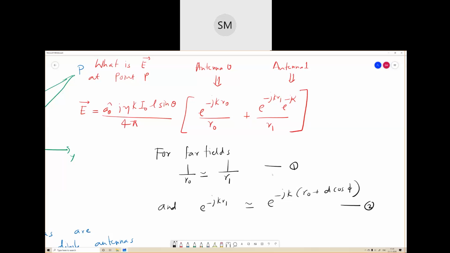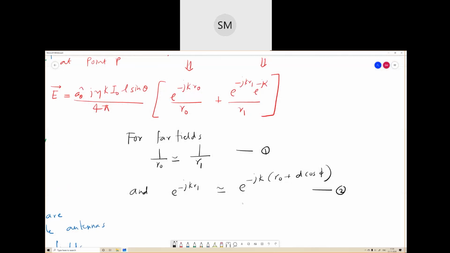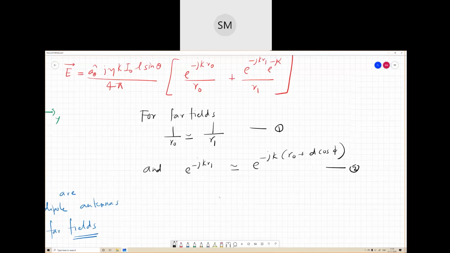Okay, so we move on. We replace R1 and e to the power of jk r1 by these two expressions. So what do we get?